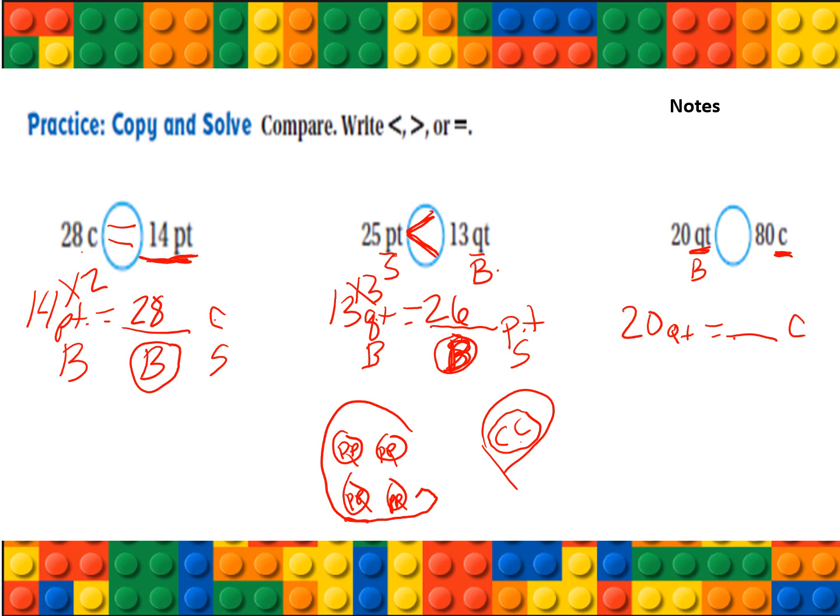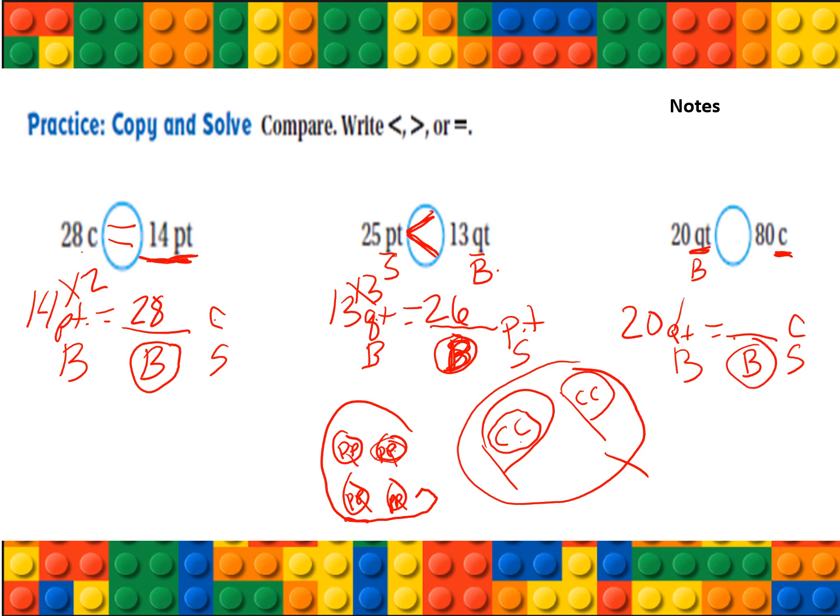Well, if there are 2 cups in a pint, and there are 2 pints in a quart, then there are 4 cups in a quart. I'm looking for the bigger number here, so I multiply by 4, and the answer is 80. So again, the answer is equal to.